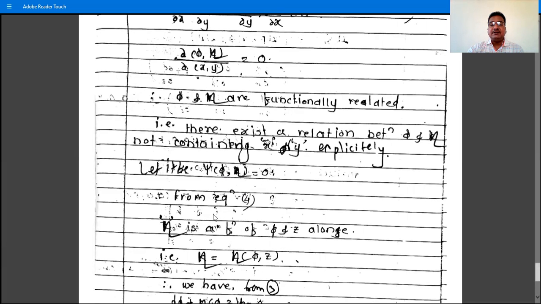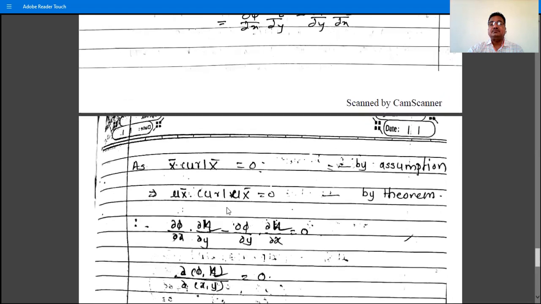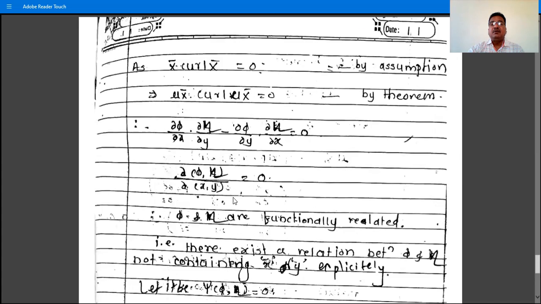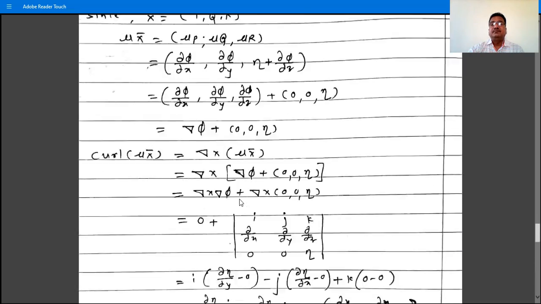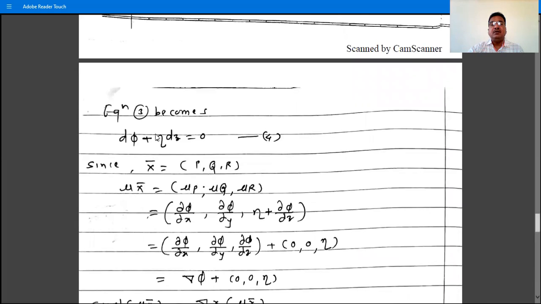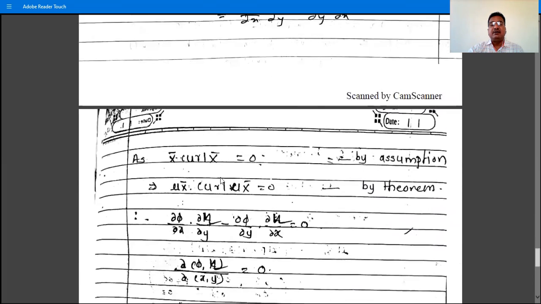And so from equation number 4, we have ν is a function of φ and z alone.